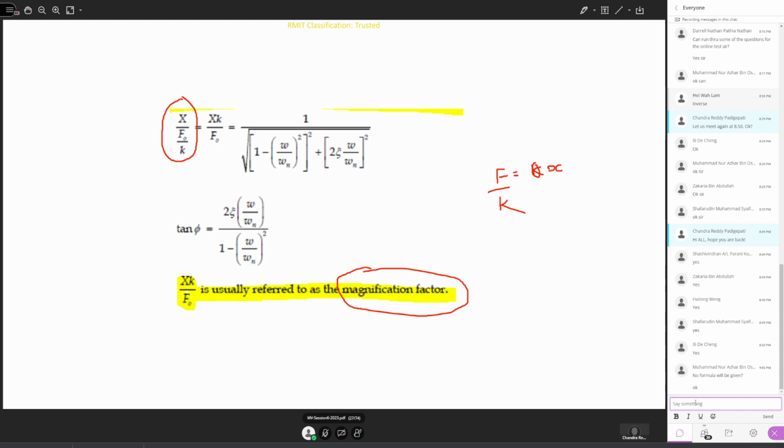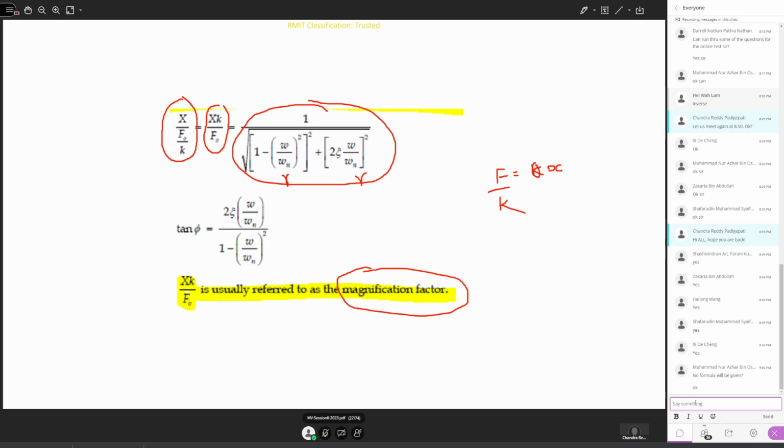So you can write the magnification factor as X, where capital X is the amplitude of the displacement, times k over F naught. In this expression, omega over omega n you can replace with r.